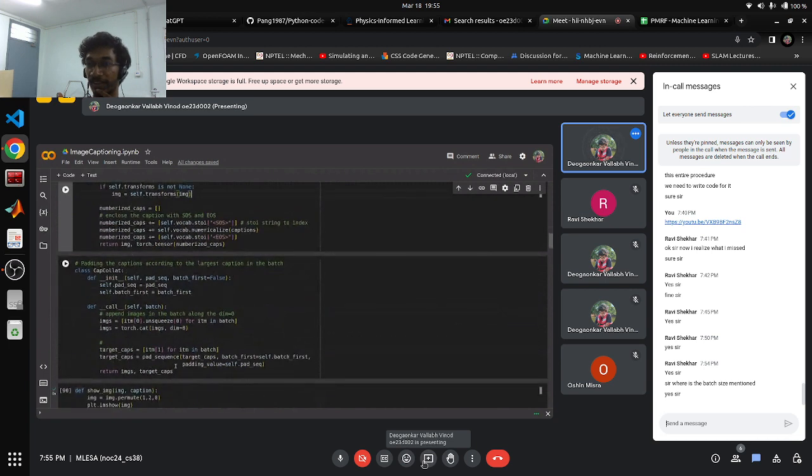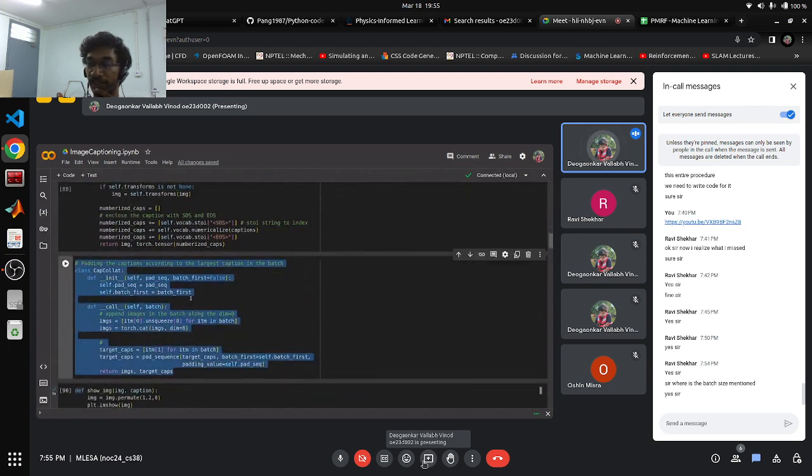So yeah, coming to this block. Let's say I have 32 images in a batch. One of the images has a caption of 40 words, let's say, but some other image has a caption of only 10 words.